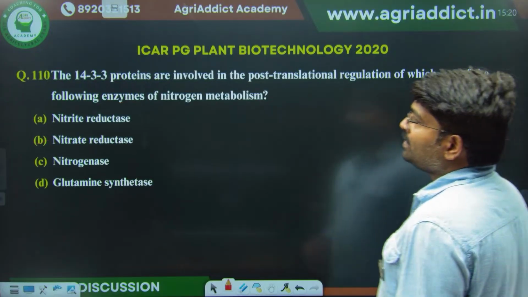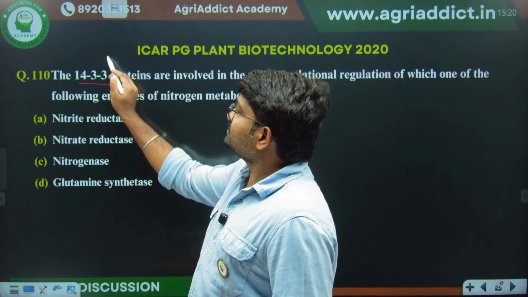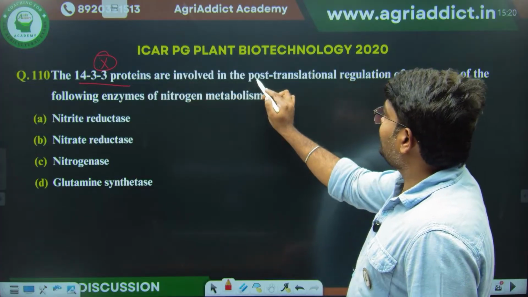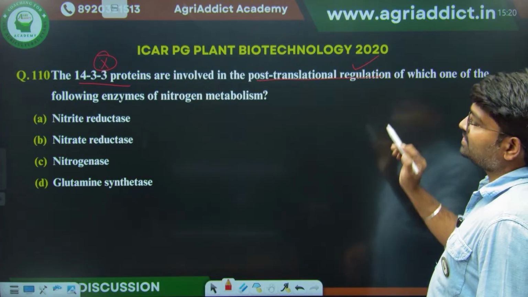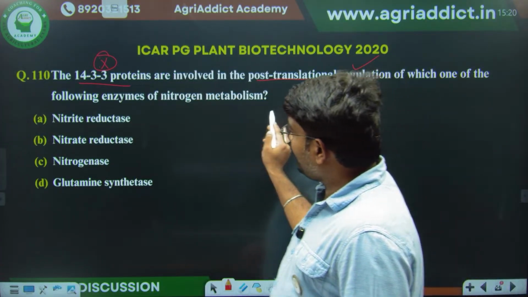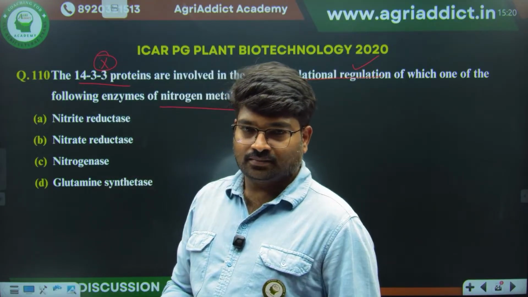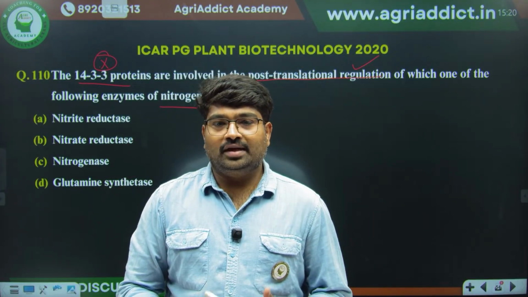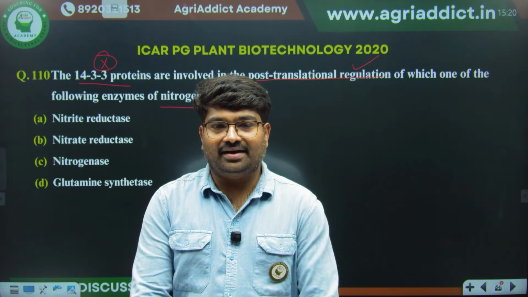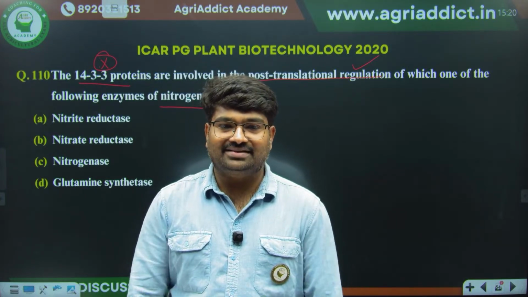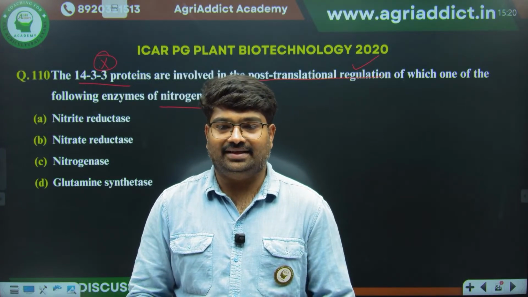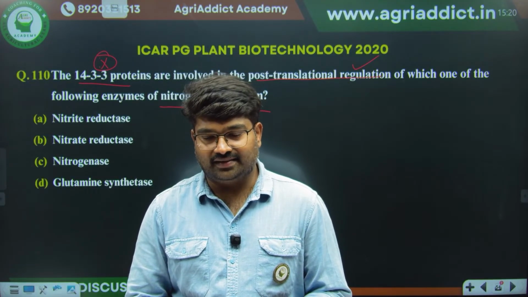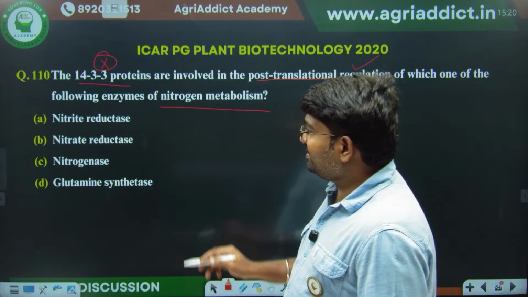14-3-3 proteins are involved in post-translational regulation of which of the following nitrogen metabolism enzymes? It will regulate which enzyme: nitrate reductase, nitrogenase or glutamine synthetase? We have already discussed this in our lecture. Yes, nitrate reductase.